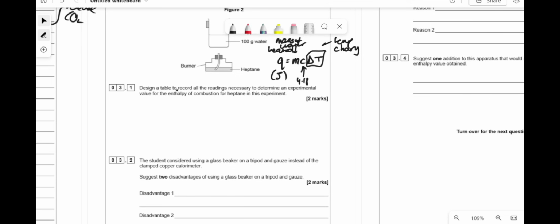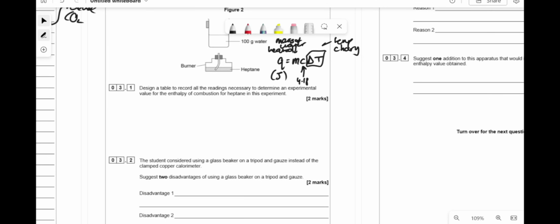The enthalpy change of combustion is where you have 1 mole of a substance completely combusted in oxygen in standard conditions. So in this reaction, we don't have perfectly 1 mole of heptane. We might have 2, 3, 4, 5, 20 moles, however many moles. So the temperature change correlates to how many moles of heptane we have.